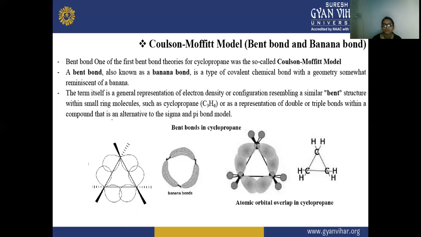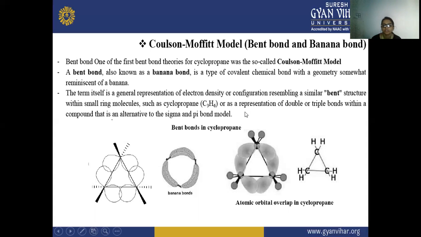The bent bond is also known as the banana bond. It is a type of covalent chemical bond with a geometry somewhat reminiscent of a banana. As you can see, this is the bending of these bonds.